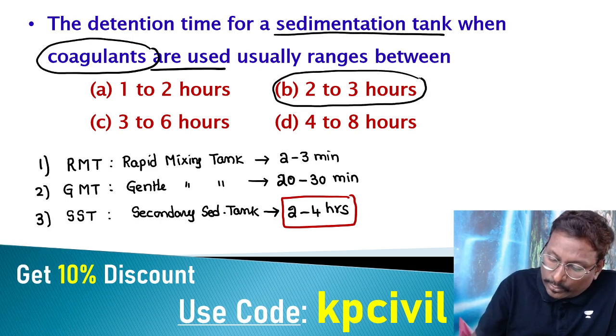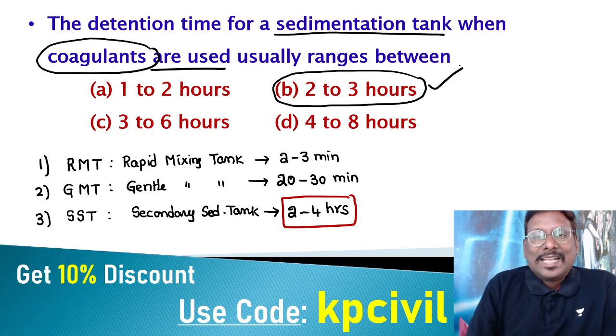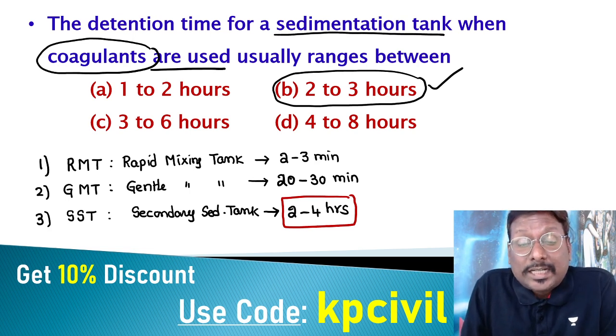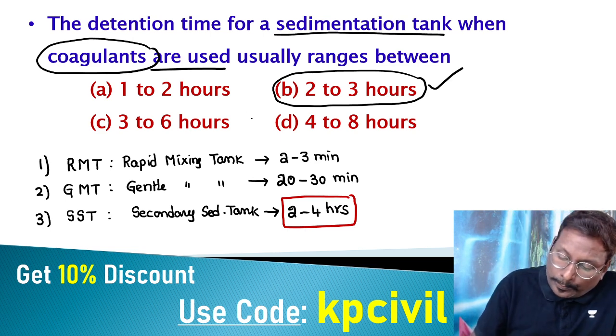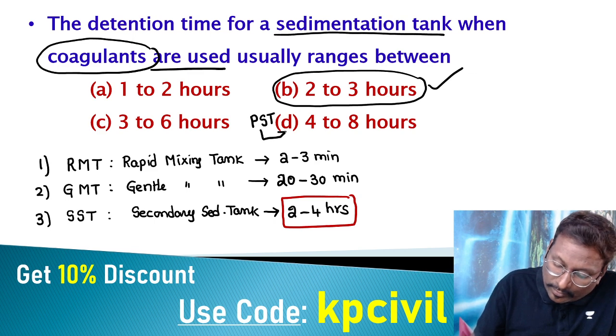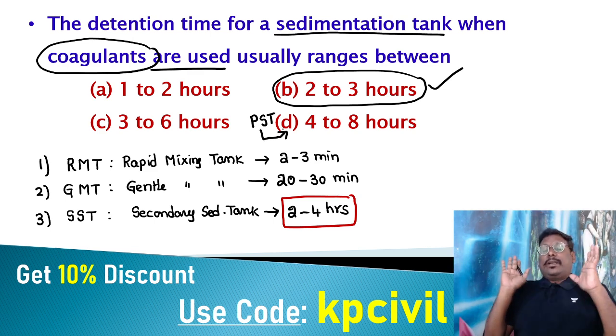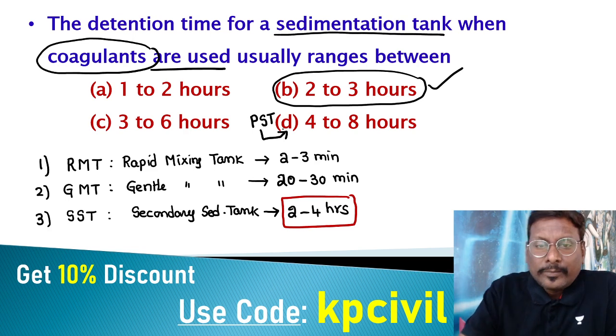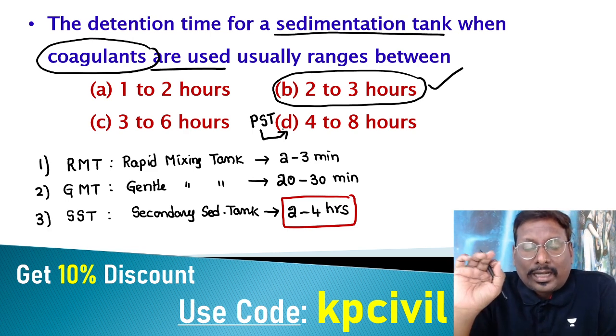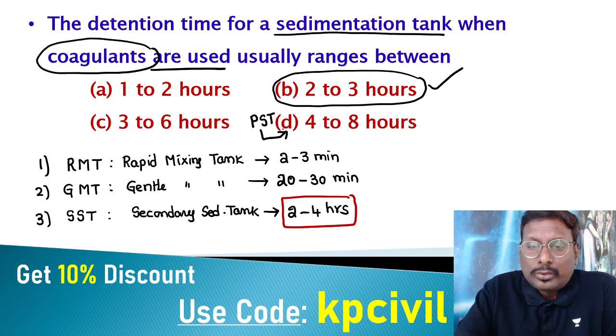As per the option, 2 to 3 hours. If it is PST, primary sedimentation tank, you take 4 to 8 hours, not 2 to 3 hours. So primary sedimentation tank, when no coagulants are added, plain sedimentation, 4 to 8. Clearly mentioned, when coagulants are added, 2 to 3 hours.